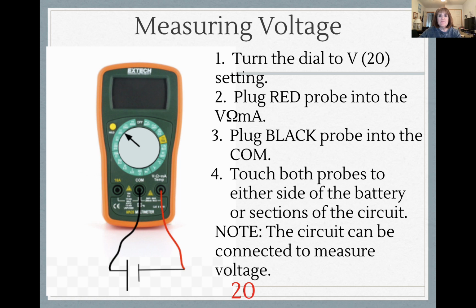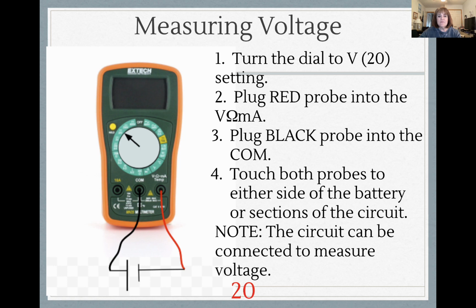Multimeters. We're going to be using these X-Tech multimeters, and you need to know how to connect them. We're actually going to practice with them. So, to measure voltage, the circuit must be connected in order to measure voltage, and you measure it from one point to another.